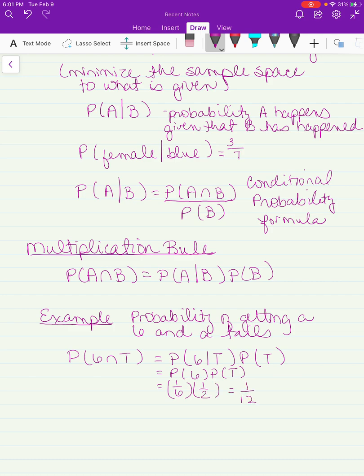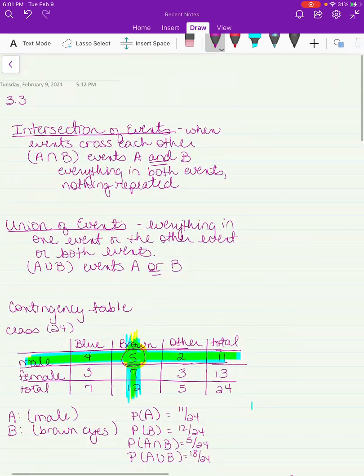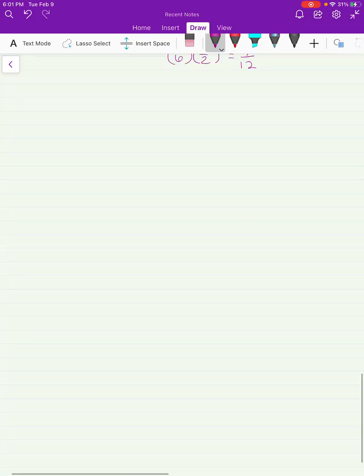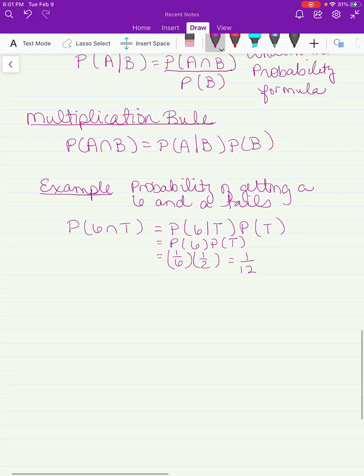And if you go back to the actual sample space from the last section of rolling a die and flipping a coin, there were 12 outcomes, and one of those was a 6 and a tail. So that kind of shows you how the multiplication rule goes back to the whole idea of the intersection and the sample space.